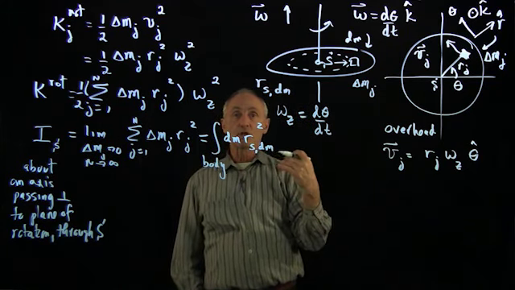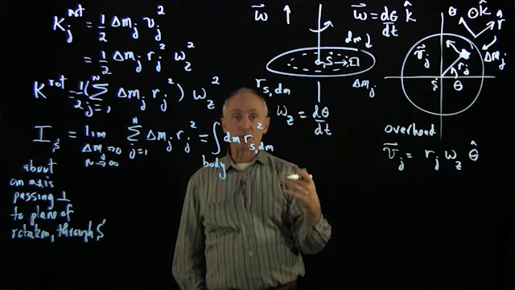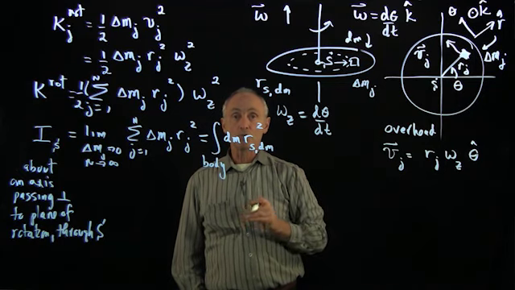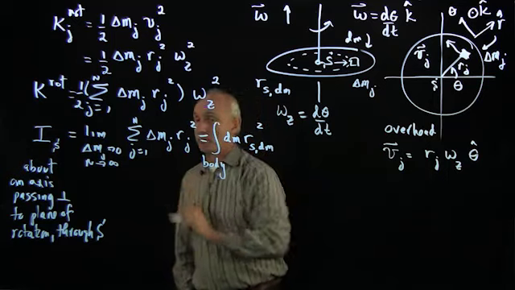Now we'll see that the moment can be expressed in terms of our other physical quantities. As the course develops, you'll see 2 or 3 more fundamental relations for moment of inertia.